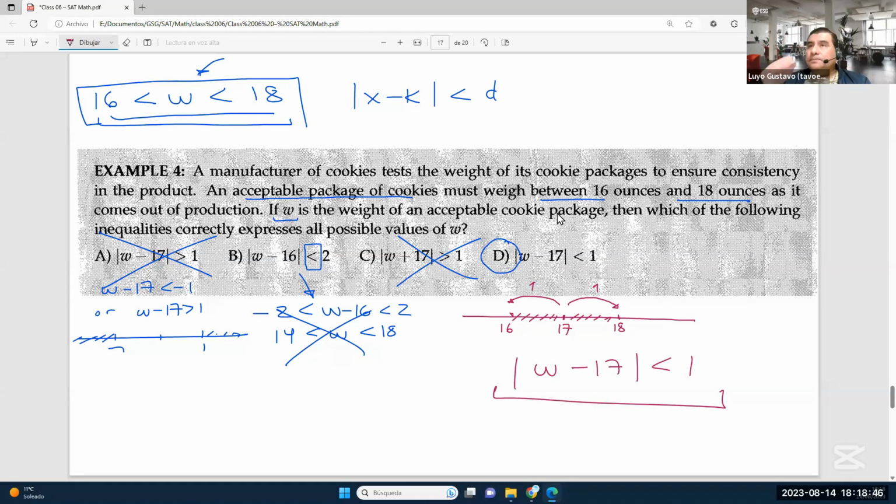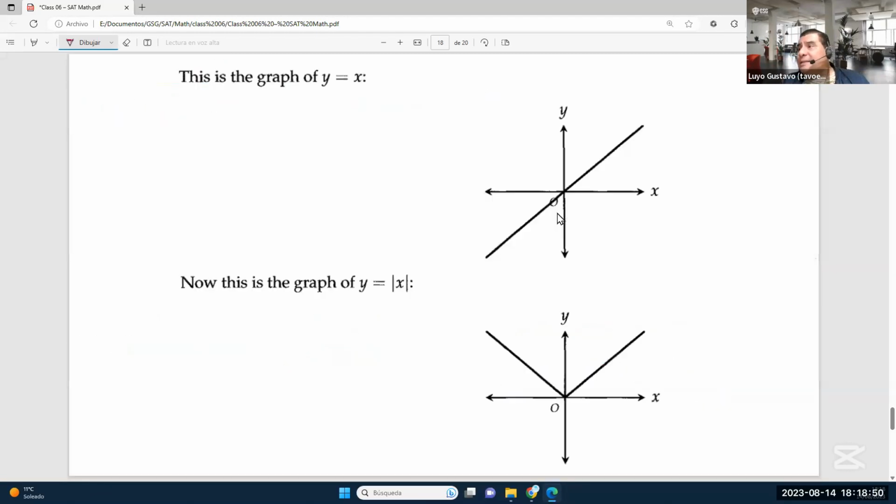Okay, so that's it. Let's try one last example. Before going to the next example, remember something. When you see the absolute value of a function, remember that y is the same as f of x. For example, this linear function has positive values of x and negative values of x.